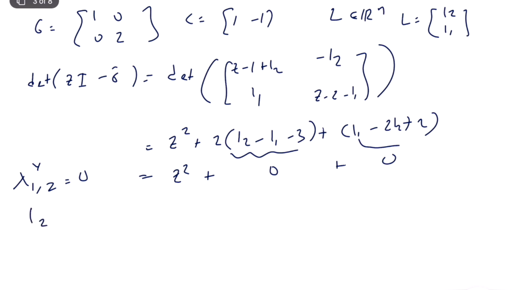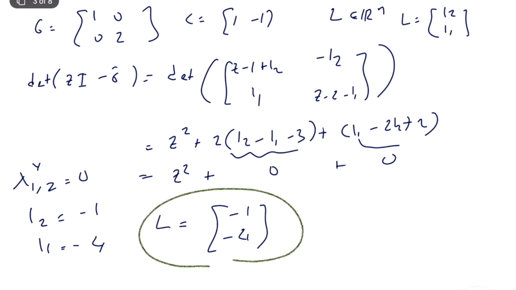And I will find that L2 is equal to -1, L1 is equal to -4, so L is equal to [-1; -4]. And this is my observer. If you check the eigenvalues of G hat, you will see that they are both equal to 0, which means that I will reject all of the initial error between actual state and estimated state in finite time.